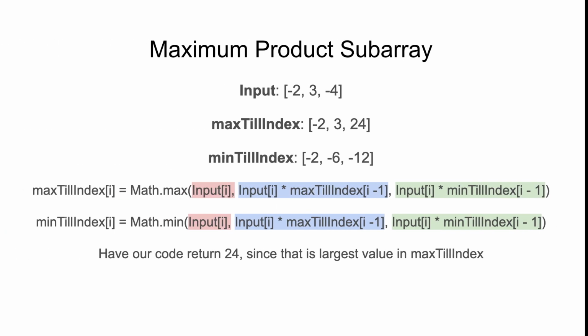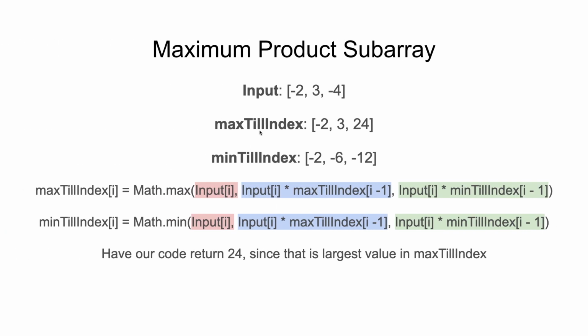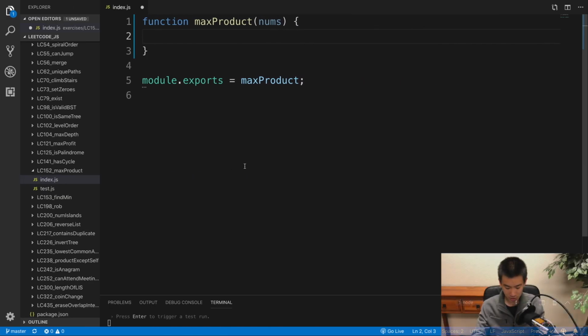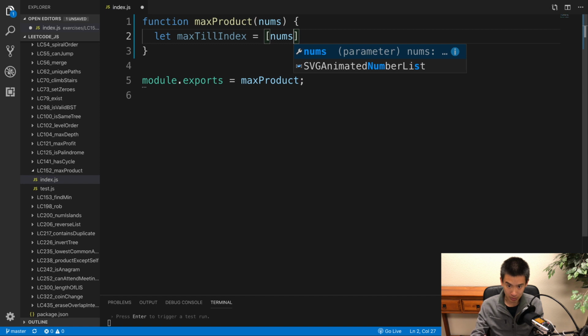So remember that we create a max DP array and min DP array till the index. So I'll do that. Max till index is equal to an array where the first value is the first input number in the input array, so nums[0].